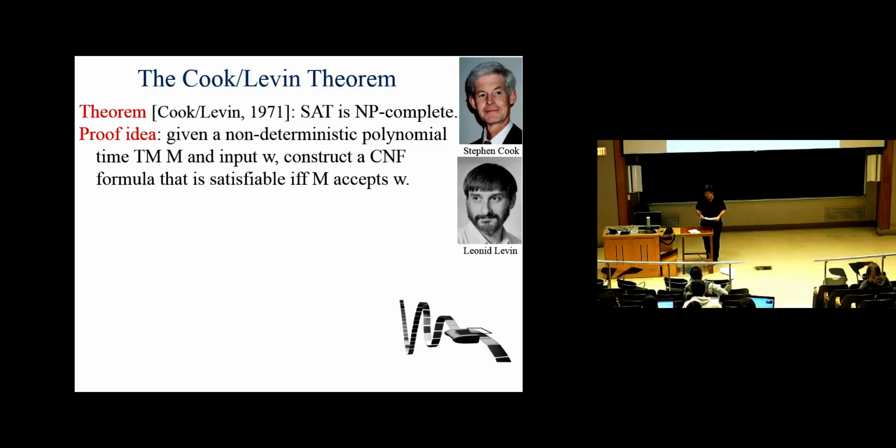Remember before, we had a machine and an input, and we wanted to know what this machine does on this input in terms of the halting problem. But now, we want to know what this machine does on this input, given that it's a polynomial time non-deterministic machine. Yes, we can simulate it in exponential time by following all the non-deterministic branches of the computation and doing it deterministically, and then we'll know if it halts or doesn't halt on this input. But we want to do it in deterministic polynomial time.